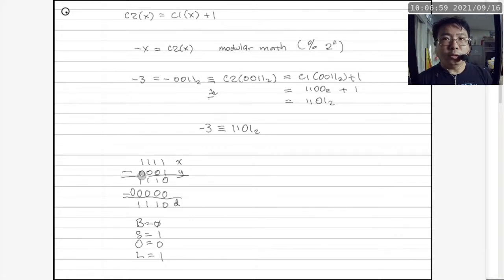So we know that overflow has to be a 0, because in order for overflow to be a 1, we need the most significant bits of Y and D to be the same, and that one bit to be different from X, the most significant bit of X. In this case, you can see that Y and D have different most significant bits, which will make overflow a 0. L is the exclusive OR between the sign and the overflow, so exclusive OR between 1 and 0 is a 1 in this case.